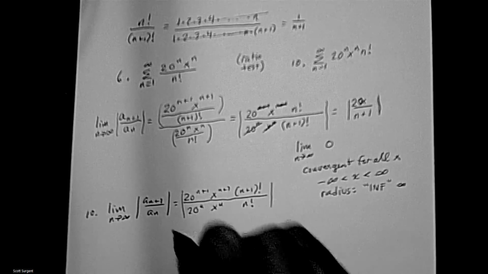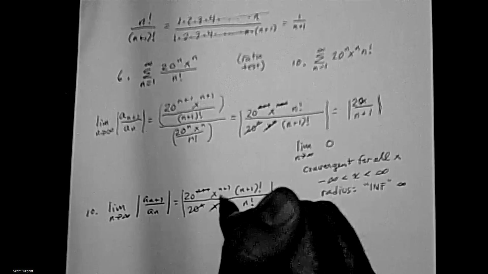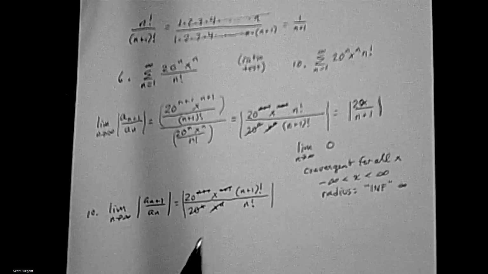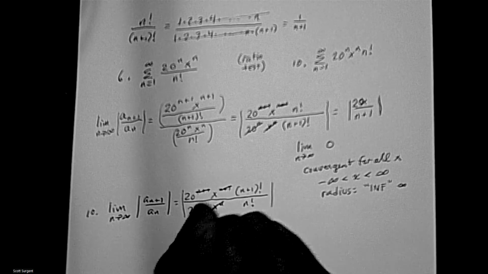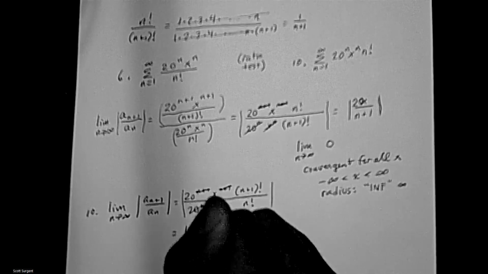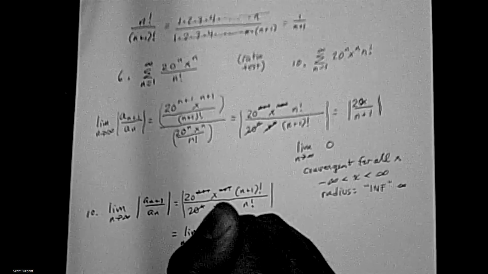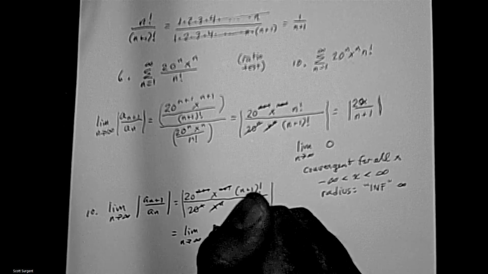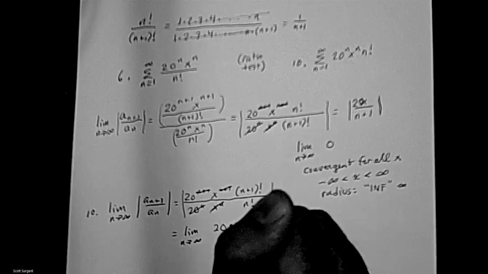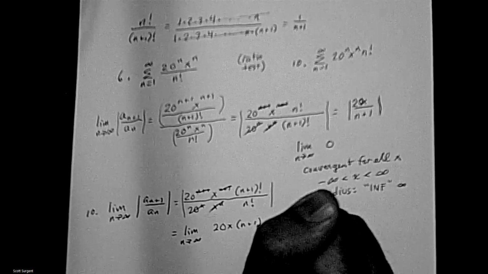Same thing happens with the 20s and the x's. Now here, the n plus 1 survives. And when I take the limit, I'll write the limit again. I have basically 20x times n plus 1.